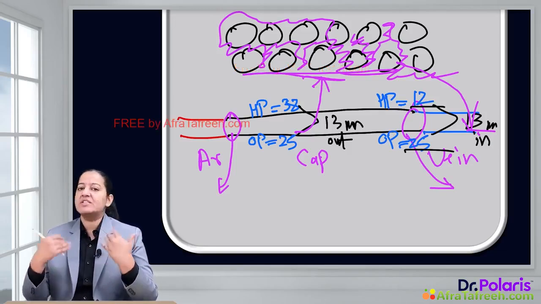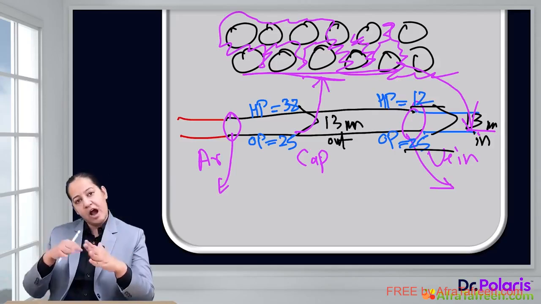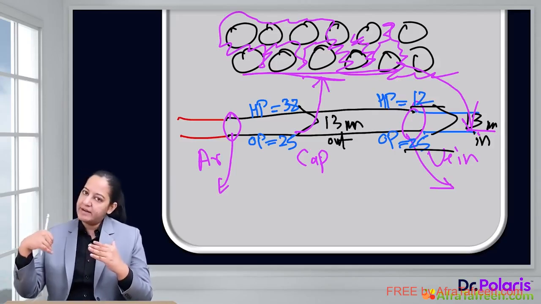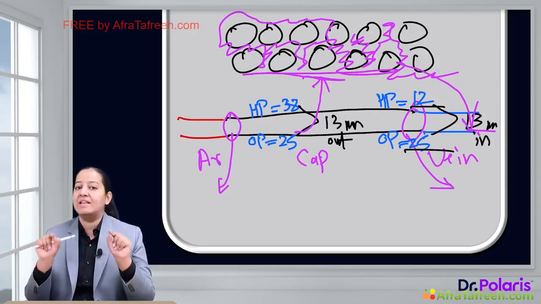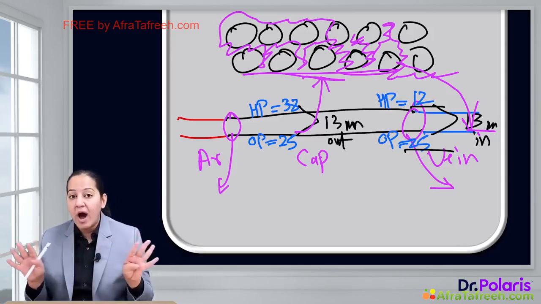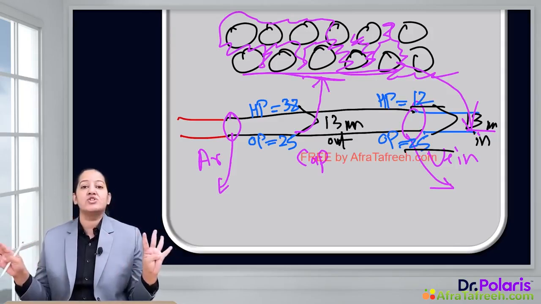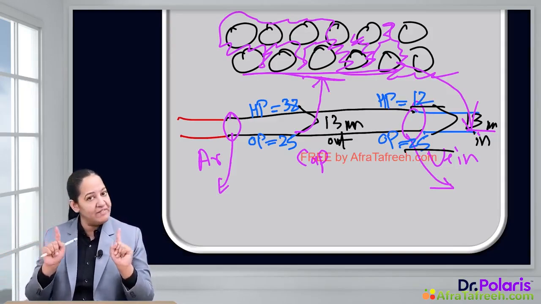So in the interstitial space in a normal healthy human being, there is no fluid. The interstitial space is dry. Normal healthy human beings don't have edema.